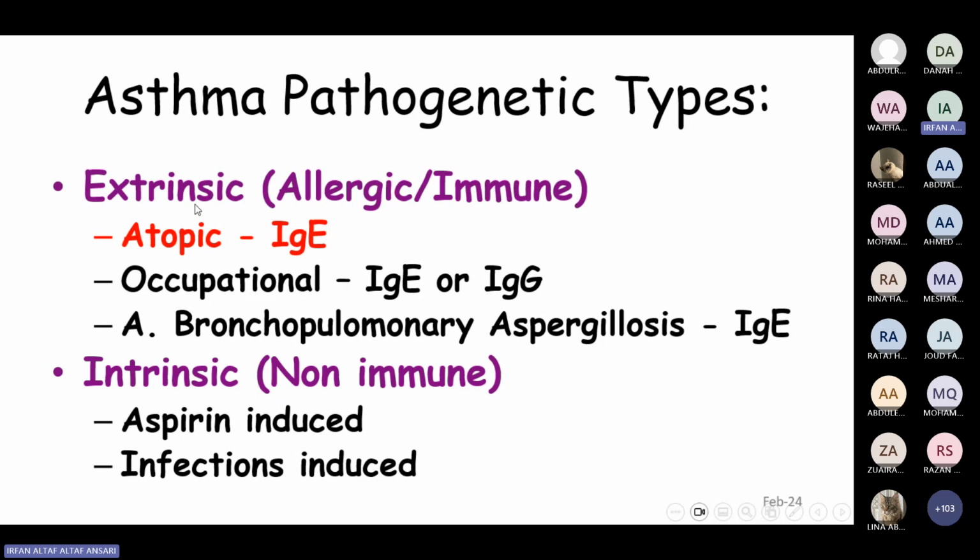So most of the extrinsic or atopic asthma is related with IgE. A few newer types of occupational asthma can have association with IgG. While in intrinsic or non-immune asthma, there is no immunological response. This could be due to aspirin, a non-steroidal anti-inflammatory drug, or due to certain infections, especially viral infections.